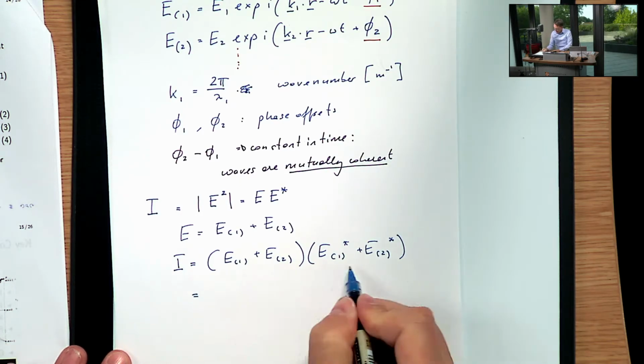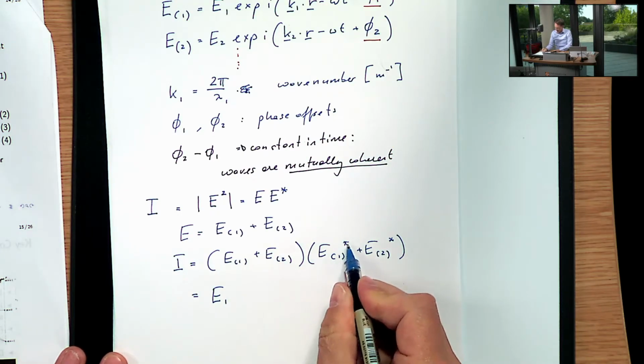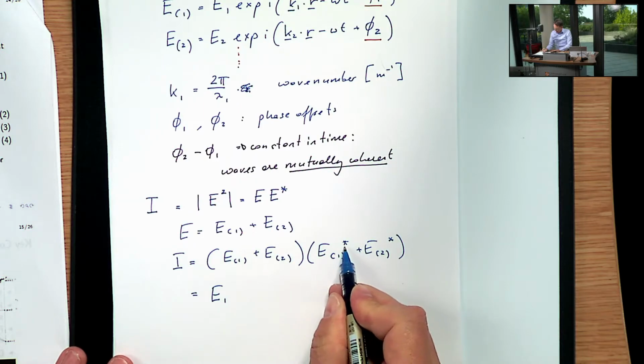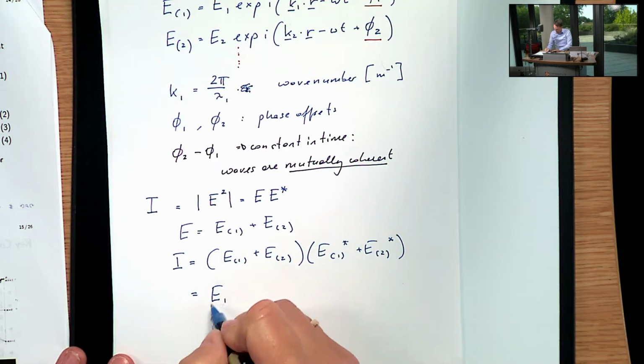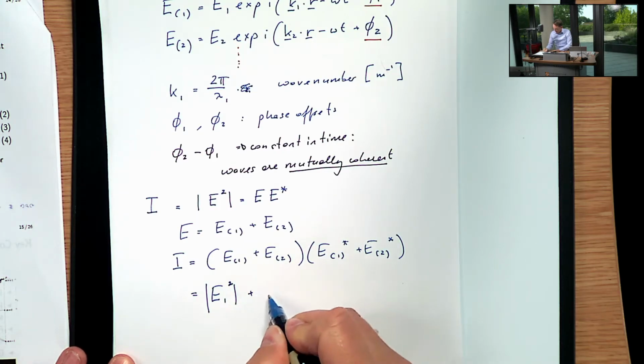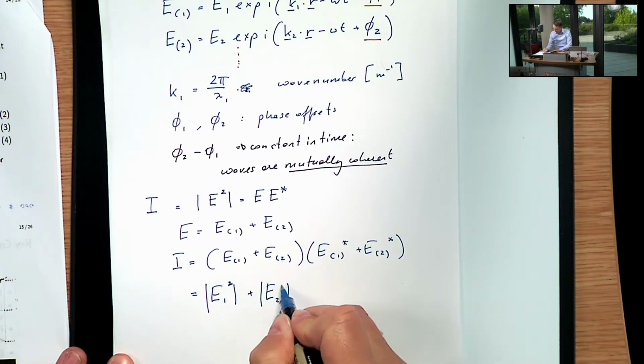And so then we get terms E1 and E1 conjugate, which gives you E1 squared, amplitude squared of the first field, plus amplitude squared of the second field.